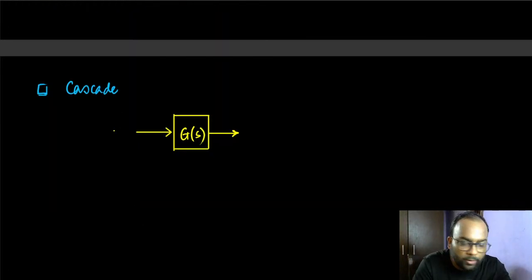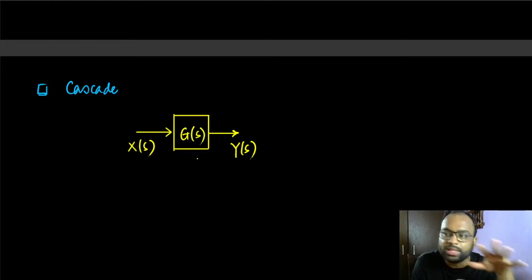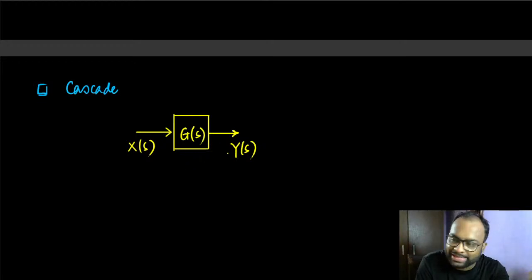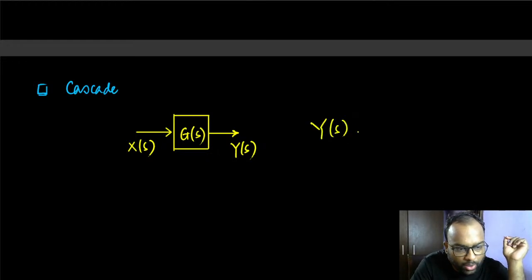So let's say the input here is X(s) and the output here is Y(s). Again, I'm going to simplify writing these things. I'm not going to write s everywhere. So we know that the output is Y(s), and that's given by G(s) times X(s).